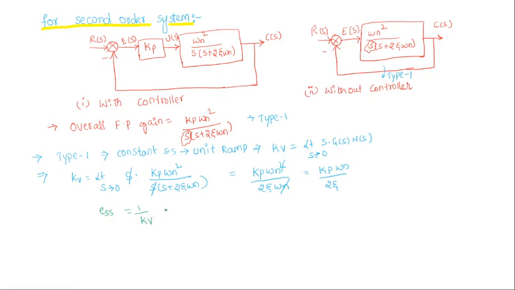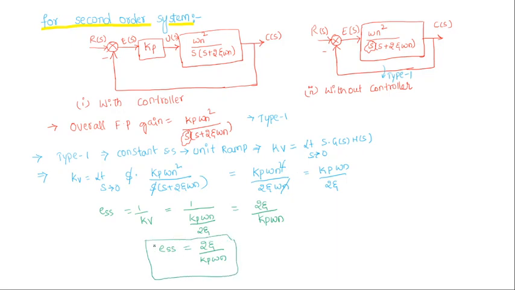Substituting the Kv value, we get 1 by Kp omega n by 2 zeta, which equals 2 zeta by Kp omega n. So with proportional controller the steady state error is 2 zeta by Kp into omega n.